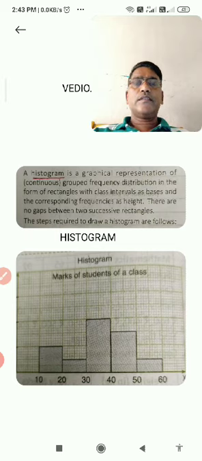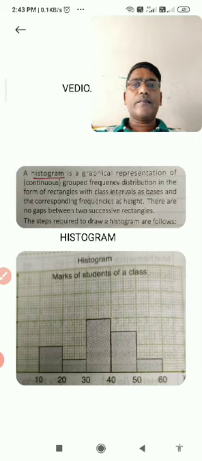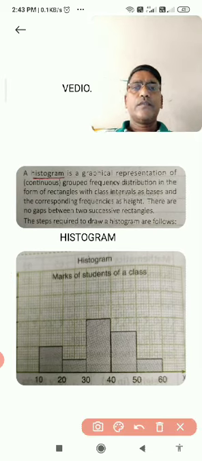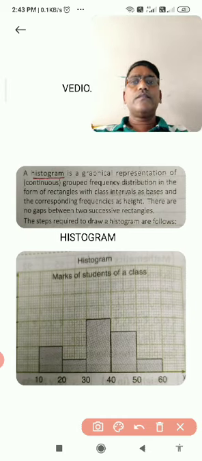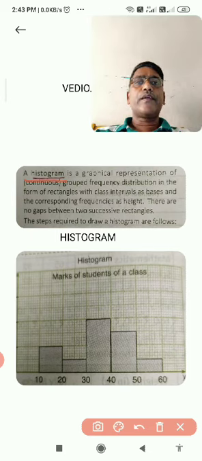So today's topic, exercise 5.3, is related to the histogram only. A general example diagram is given here. A histogram is a graphical representation, and you can observe the definition given here. It is a graphical representation of, in brackets, continuation, meaning in class intervals the upper limit will be the lower limit of the second class.